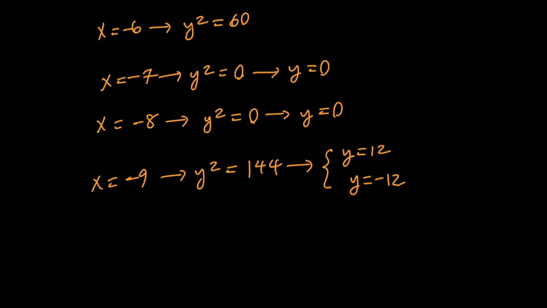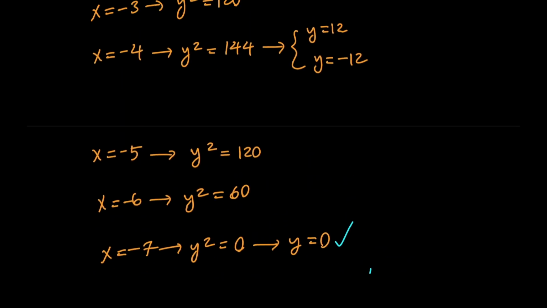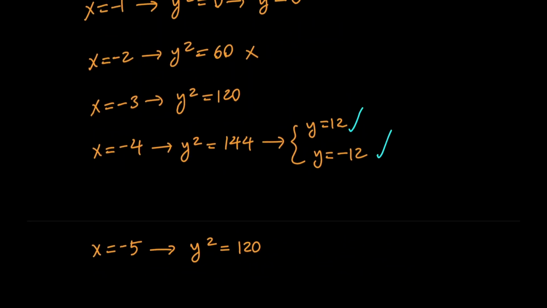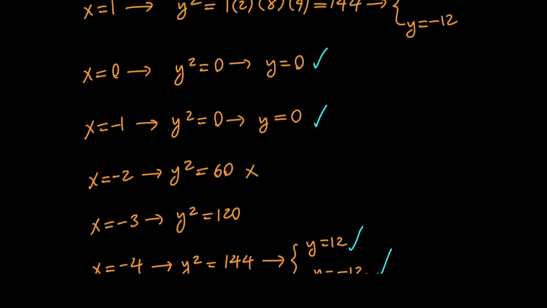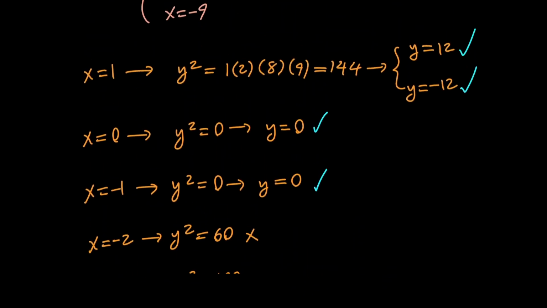Cool. So we found 1, 2, 3, 4, 5, 6, 7, 8, 9, and 10 pairs of valid solutions for x and y.